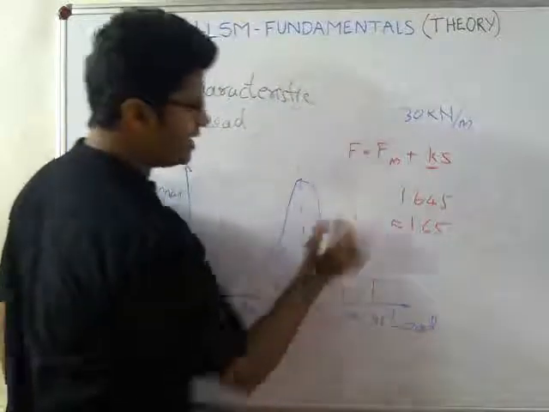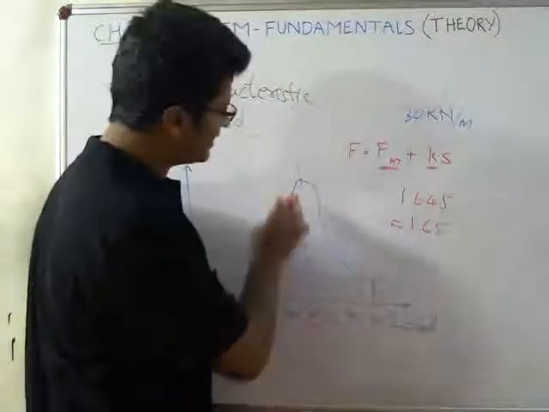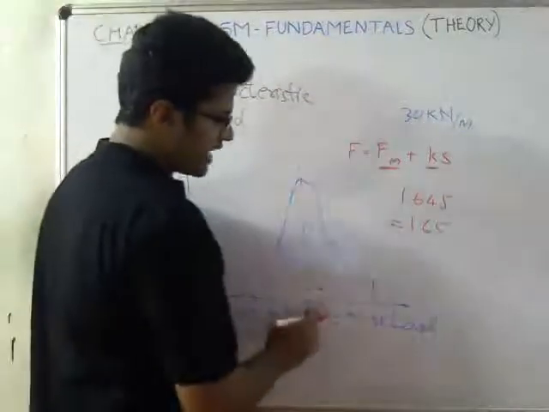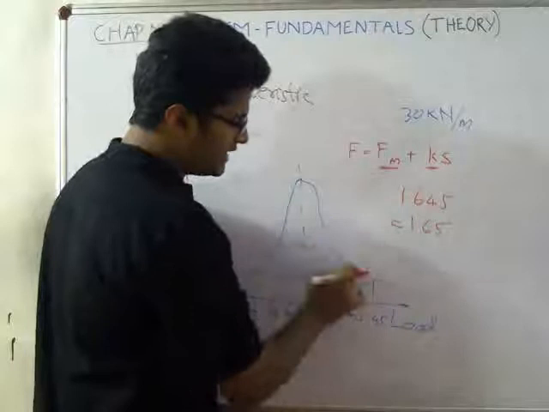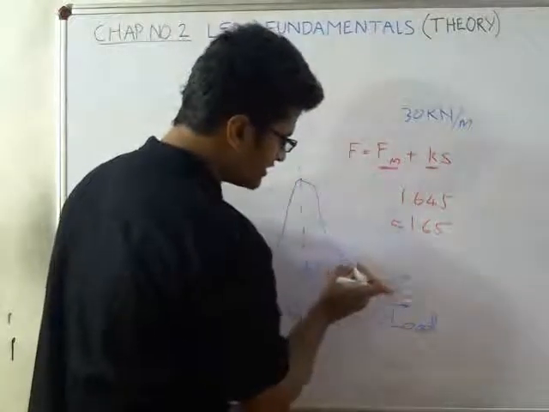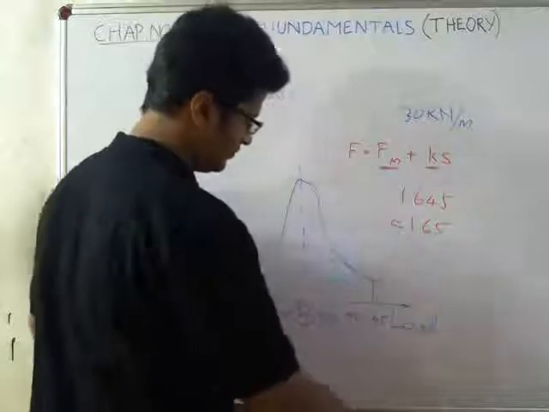Suppose 30 is the value of Fm, the mean, that is the reason why it has the maximum frequency. As you move ahead, the frequency decreases, and we consider suppose 45 as our characteristic load.